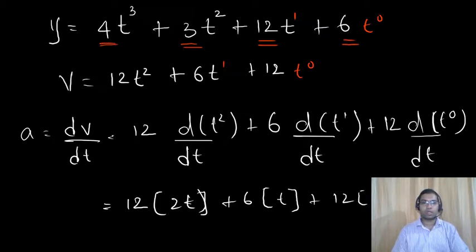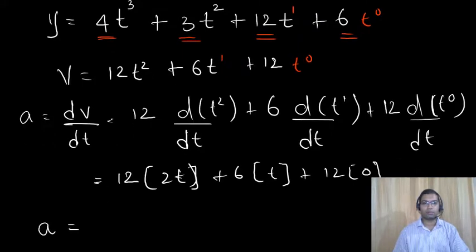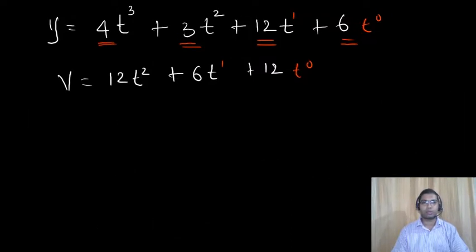So the equation that we finally get here is acceleration is equal to 24t plus 6. This is t power 0, so plus 6 is what I get. So I can write the final expression like this.